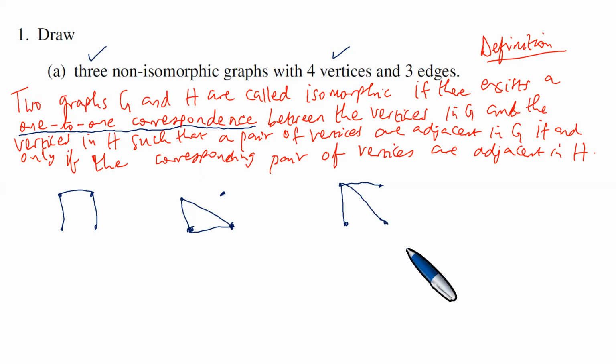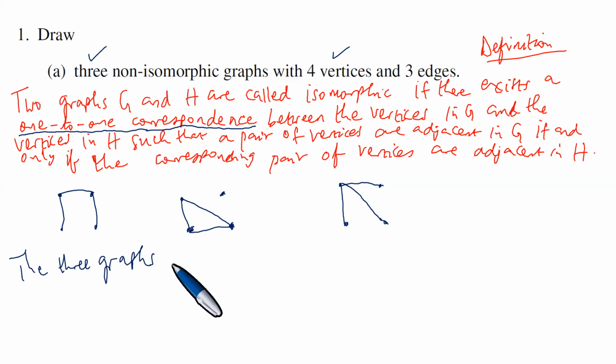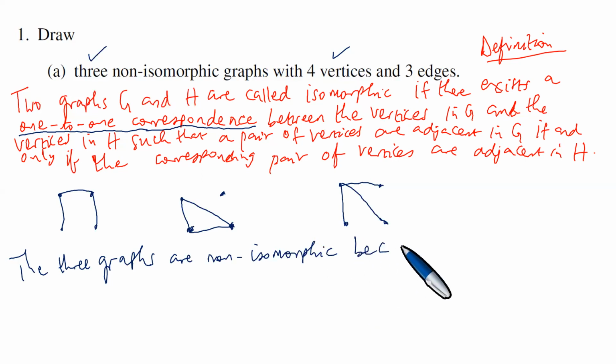How are these graphs non-isomorphic? The 3 graphs are non-isomorphic. Why?